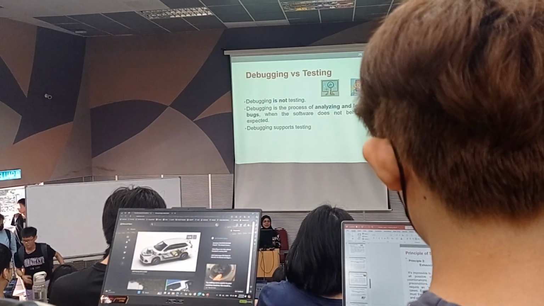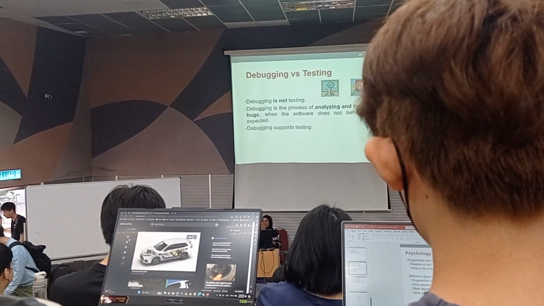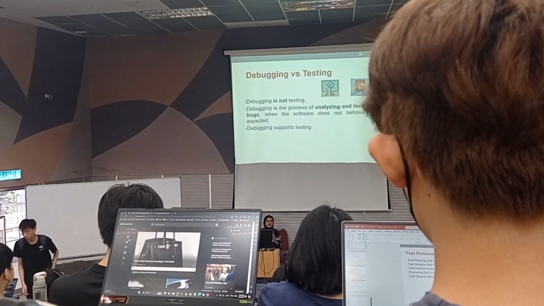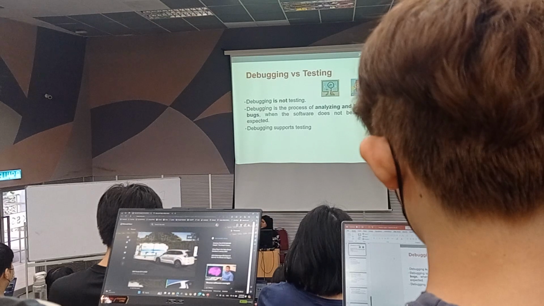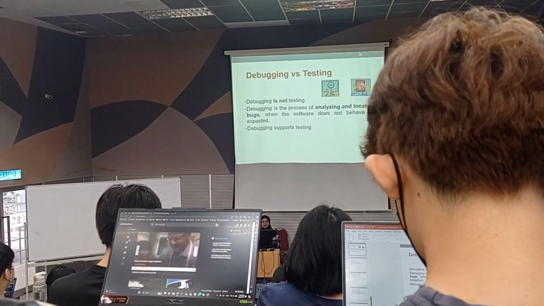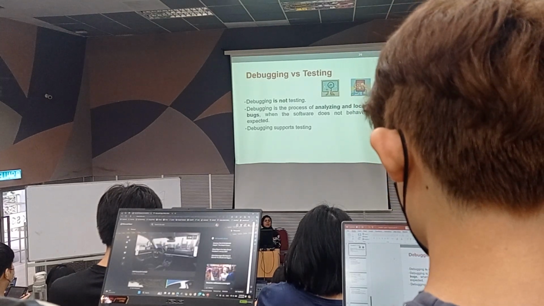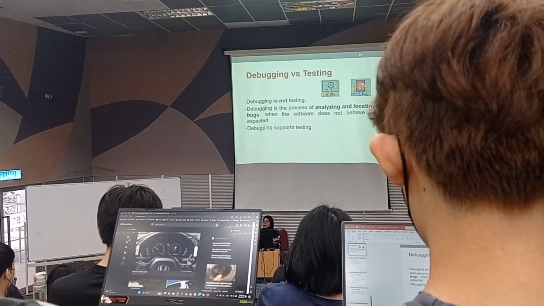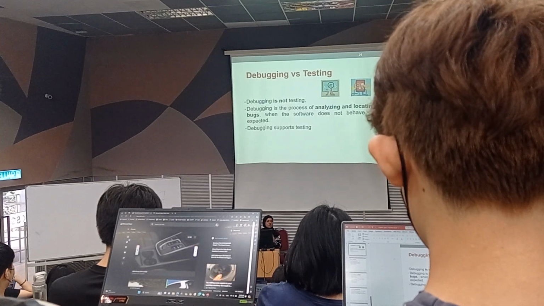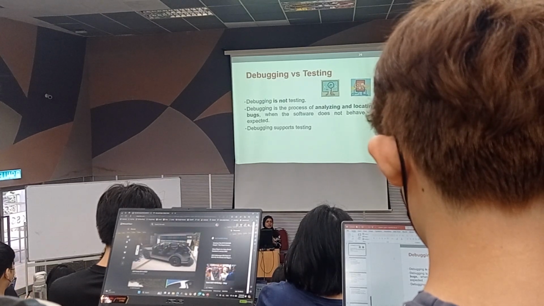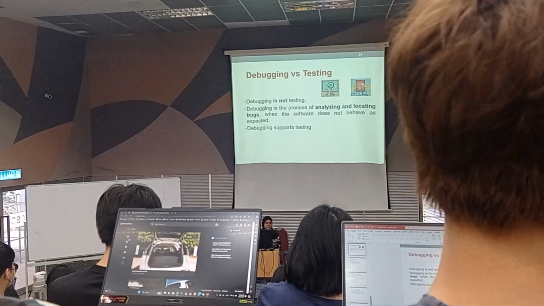So debugging here is not about identifying the defect. Testing is identifying the defect. Debugging is we want to analyze where the root cause of the defect is so that we can fix it.